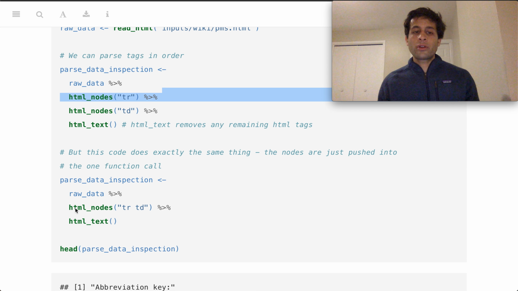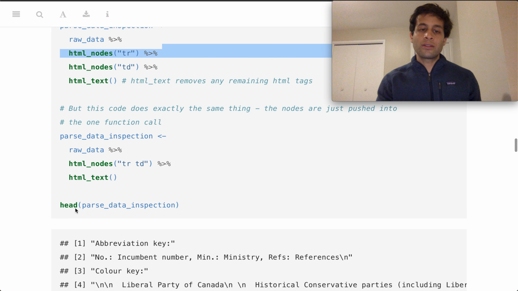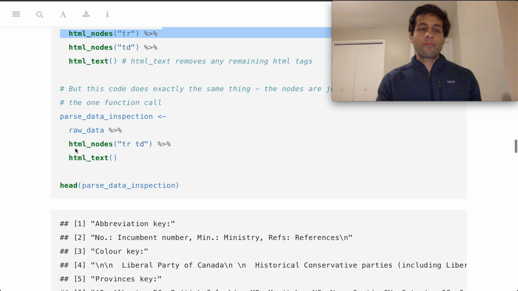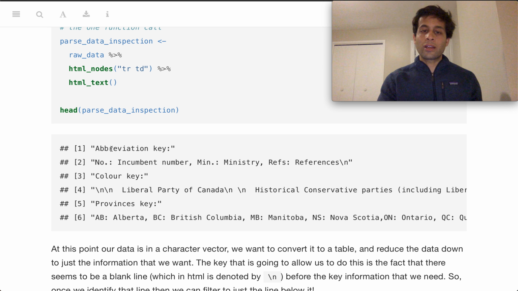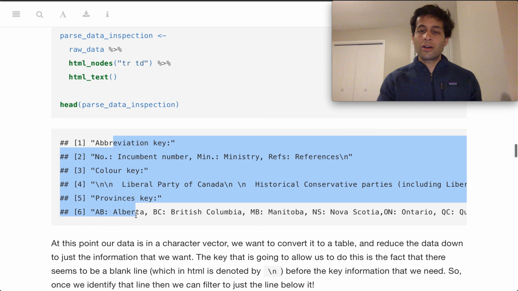And finally, you'll notice that I have used HTML nodes, the plural. That's going to give us every single node that matches the criteria. But if we just wanted one, then we could use the singular HTML node, and that would be completely fine. Once we have passed this and insisted on just looking at the HTML text, we are getting much closer to what we are after.